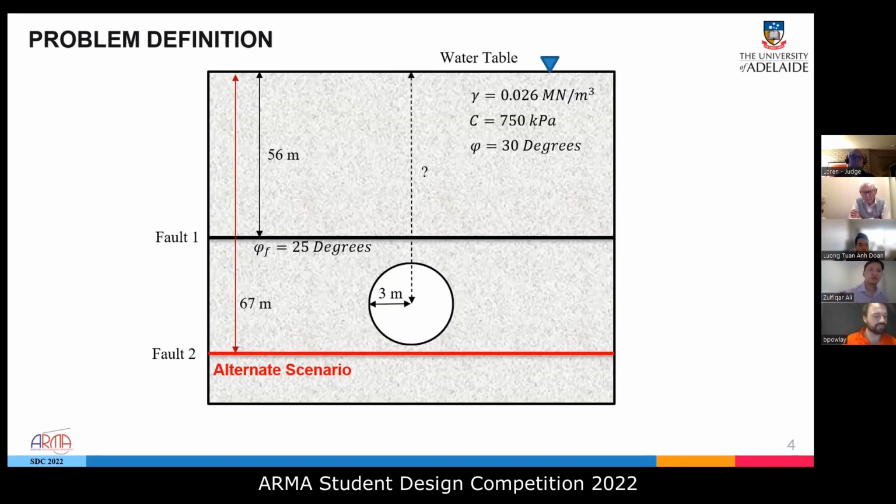The upper fault acts as an impermeable barrier to fully saturated material above it, the 56-meter zone. The boundary stress conditions are 1.56 in-plane principal, 0.96 in-plane minor, and 0.624 out-of-plane. The vertical stress is purely overburden, and the stress is uniformly distributed around the tunnel.